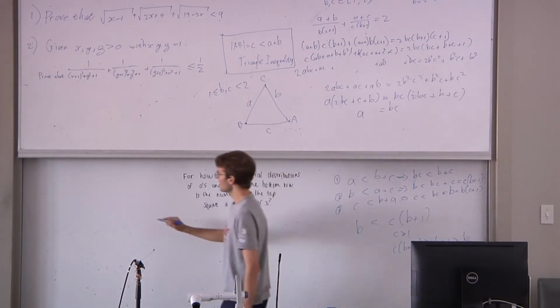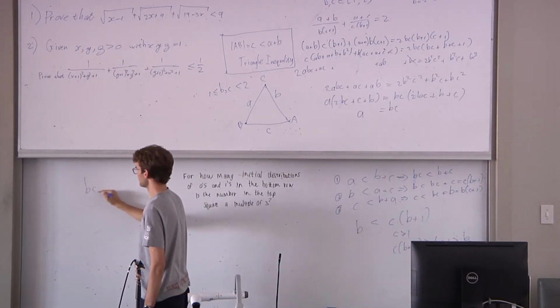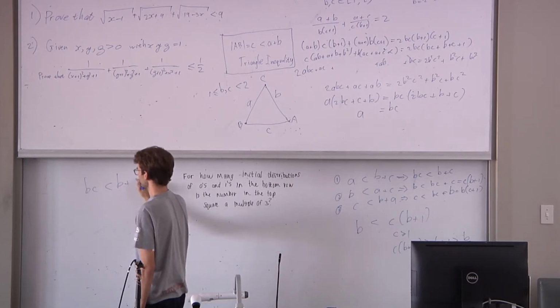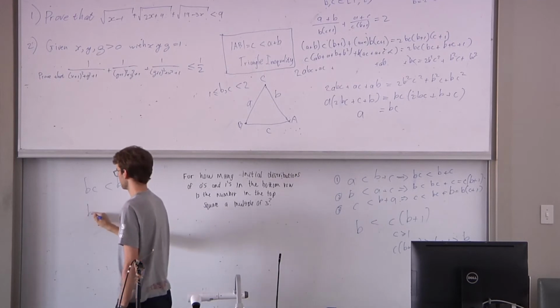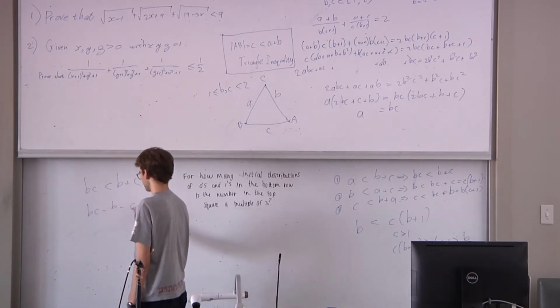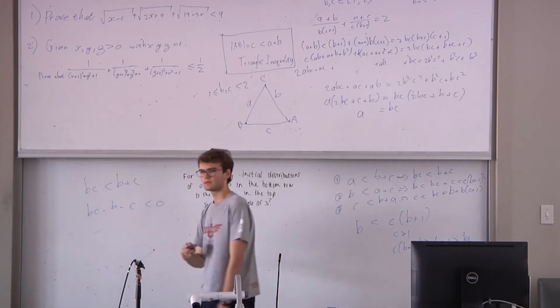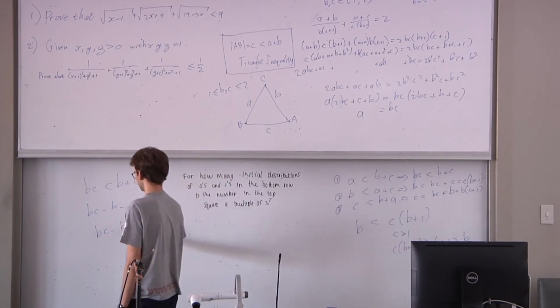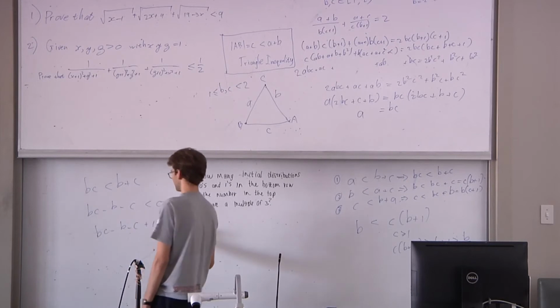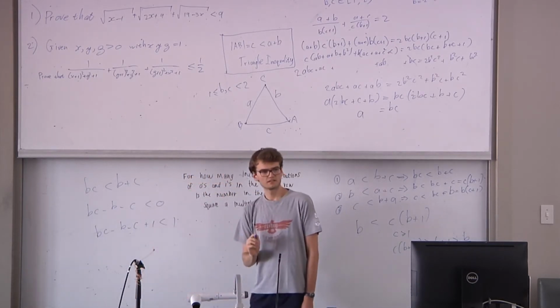So you need to prove that BC is less than B plus C. And this is equivalent to BC minus B minus C being less than 0, which is equivalent to BC minus B minus C plus 1 being less than 1. Right?